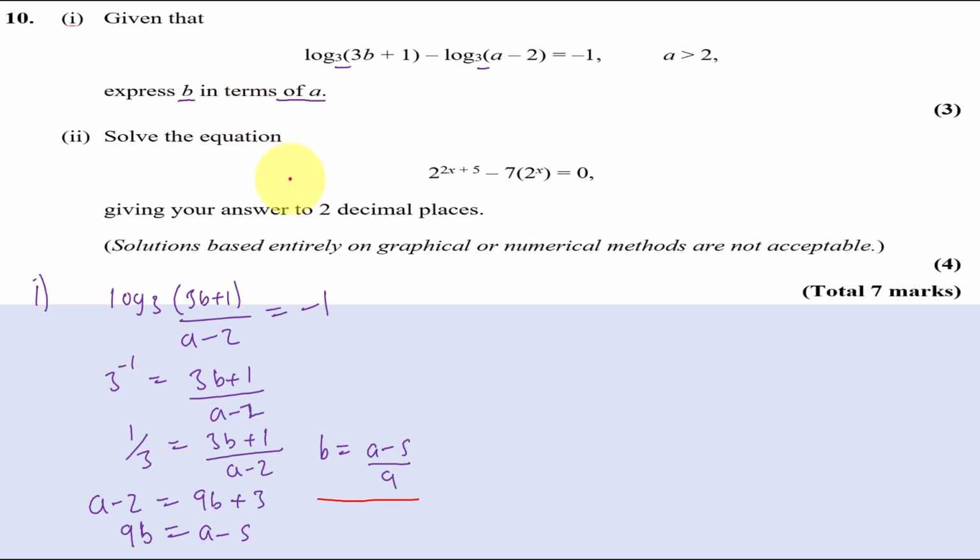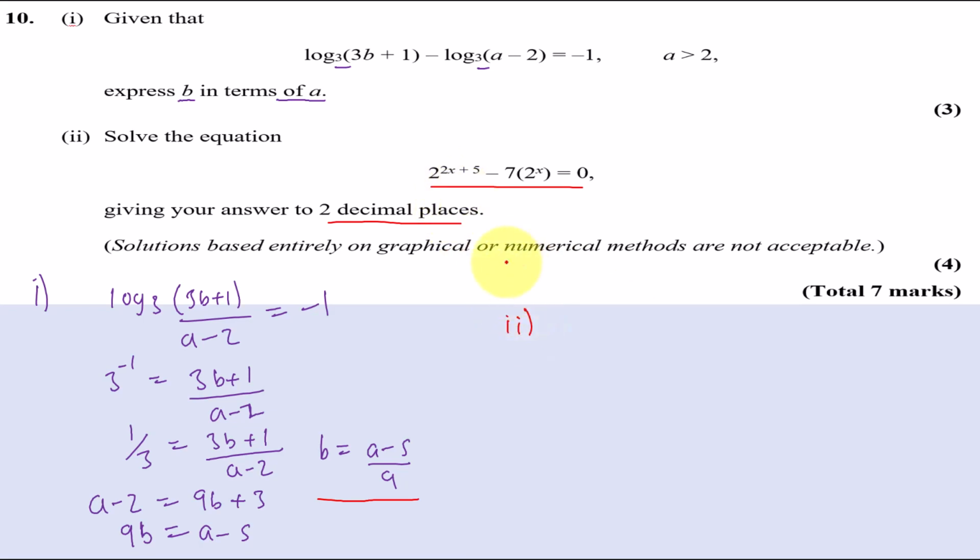Now part B, solve the equation to 2 decimal places. The solution is based entirely on graphical and numerical methods are not acceptable, meaning you have to use laws of log. Part 2.